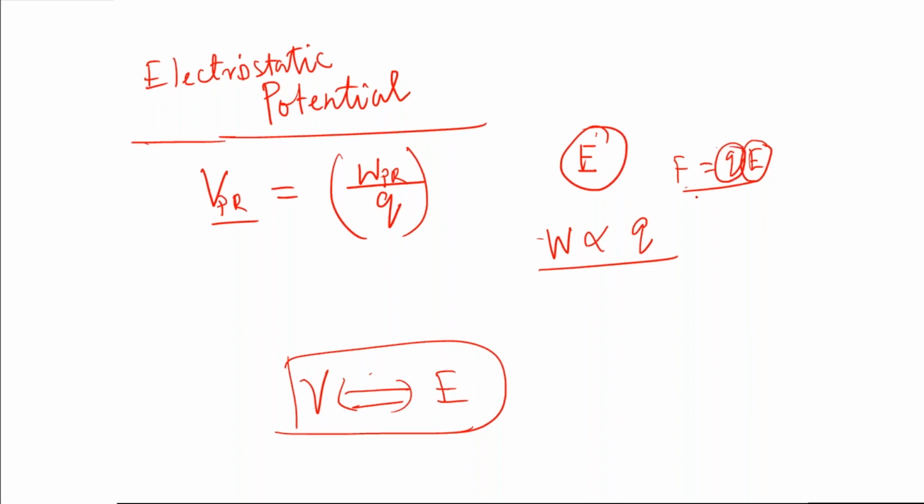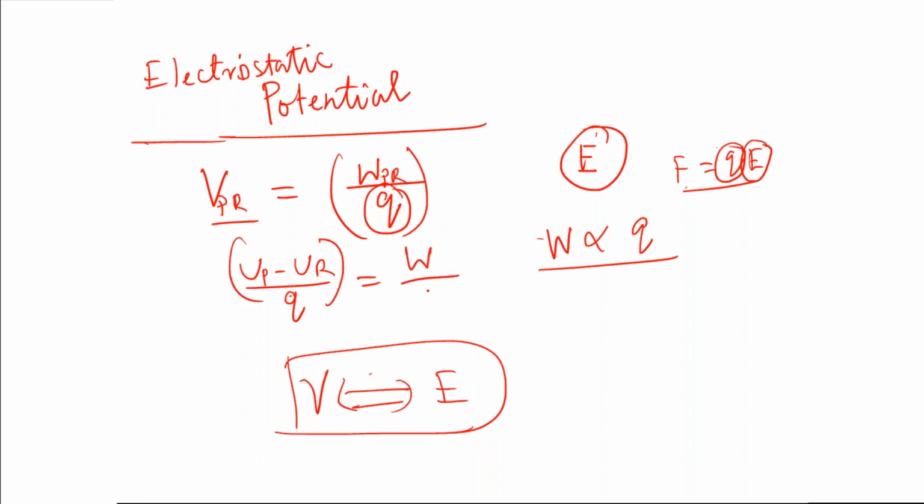So I have to define a quantity where there will be no influence of this test charge. That means if I divide the potential energy difference by Q, that is work done per unit charge.